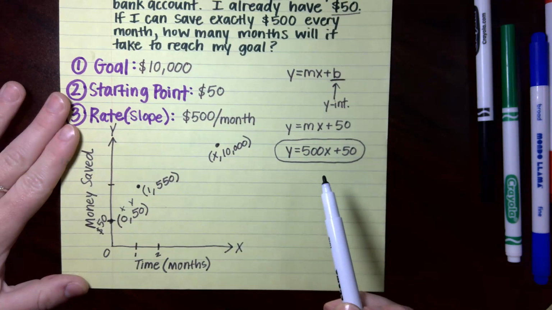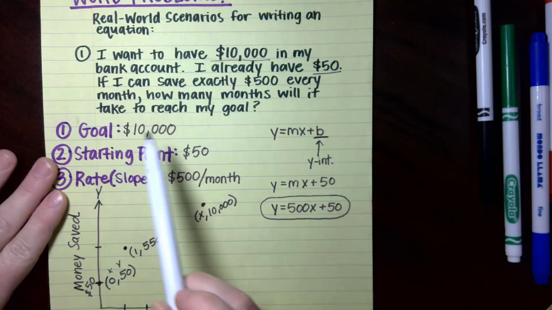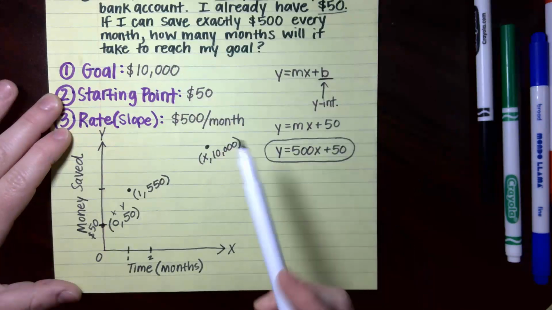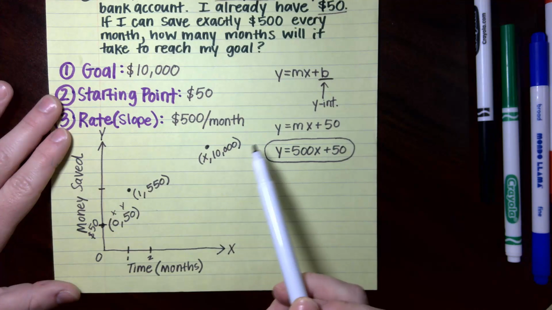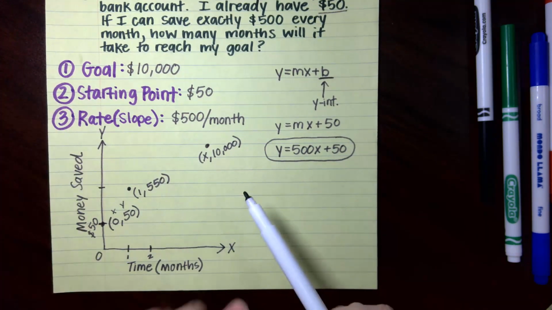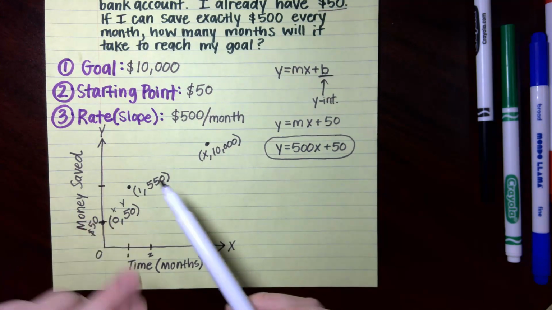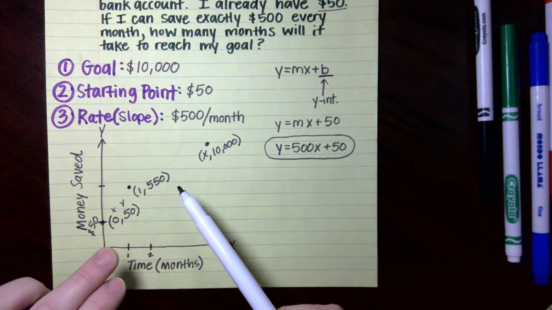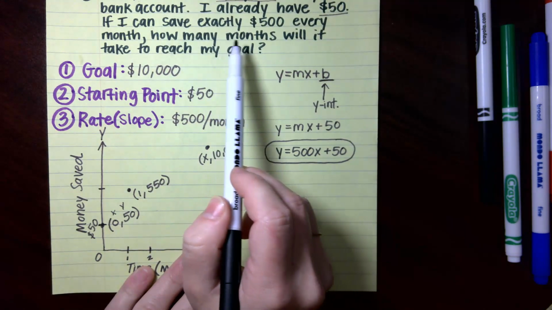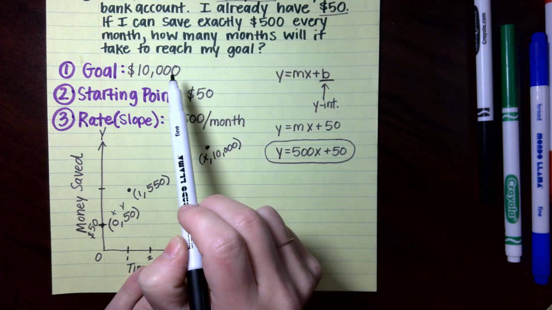How could we solve to figure out how many months it's going to take to get to $10,000? Here's the coordinate we're trying to find. You would have to plug in the numbers from like 1 and 550 if you were trying to solve for slope, for example. But remember, what we're trying to find here is how many months will it take to reach my goal of $10,000.